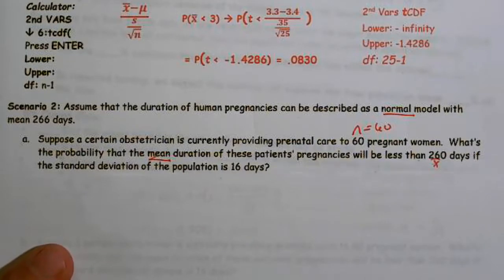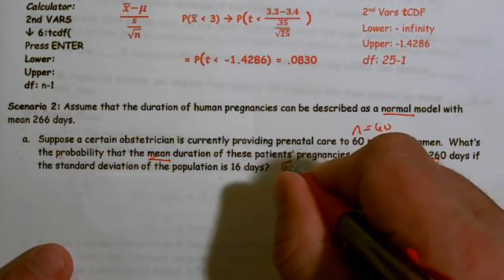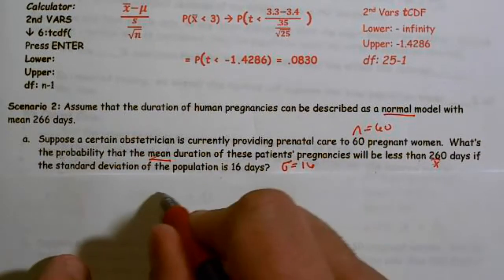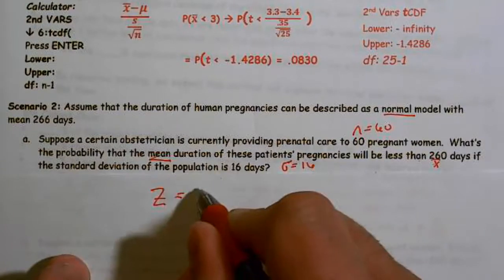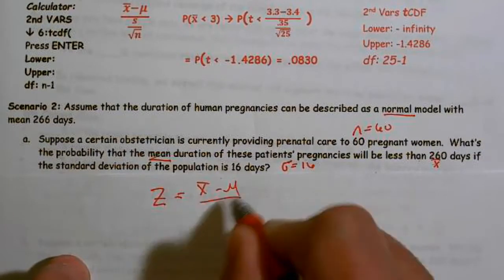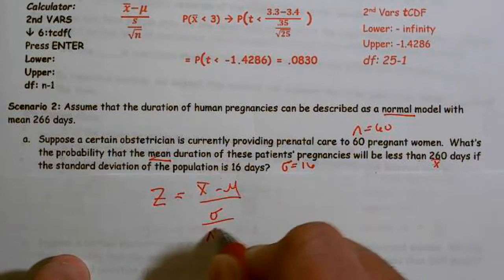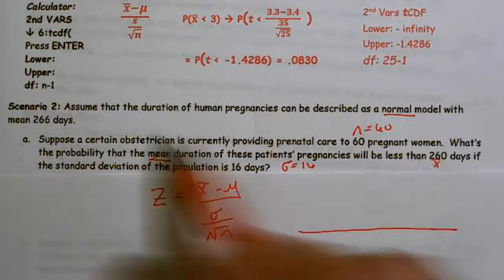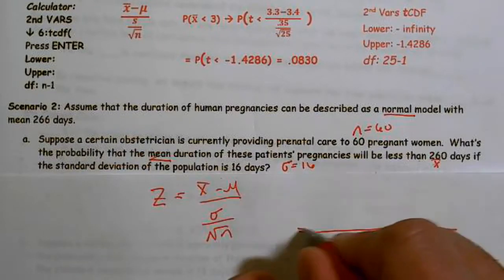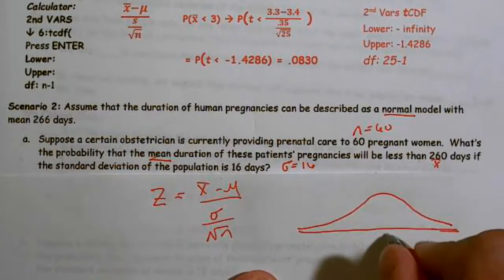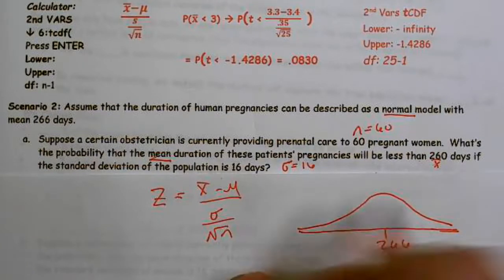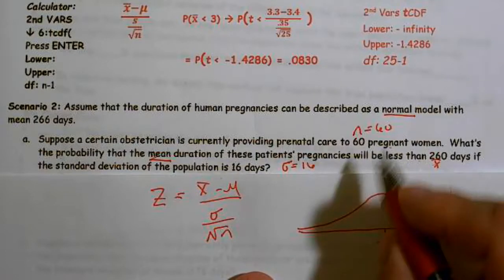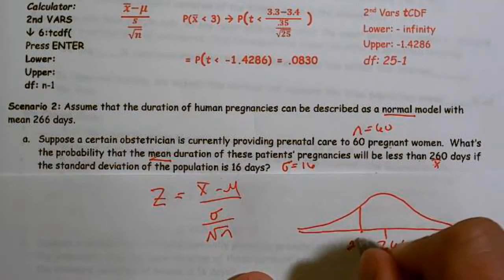So they're telling us, okay, we know the standard deviation of the population is 16. And since we know the standard deviation of the population, we're going to be working with Z equals X bar minus mu, divided by sigma over the square root of n. And they're telling us that the mean is 266. And they want to know the probability of having an X bar of less than 260.